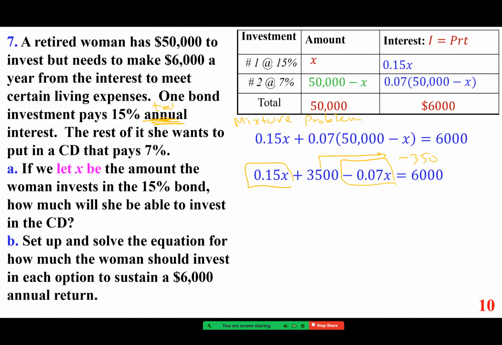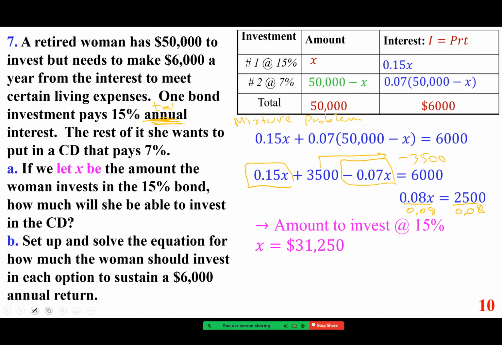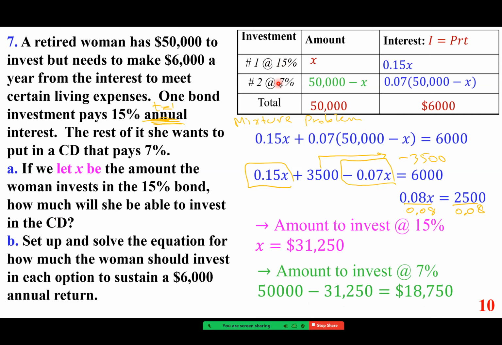We're going to subtract 3,500 from both sides, we get 2,500. We divide both sides by 0.08, and it becomes $31,250, which means for 15%, we put this much, and the rest of it, 50,000 minus this number, which is 18,750 for the 7% return.